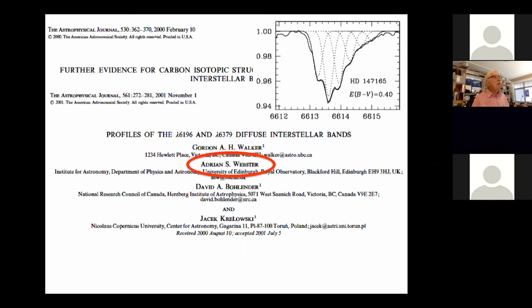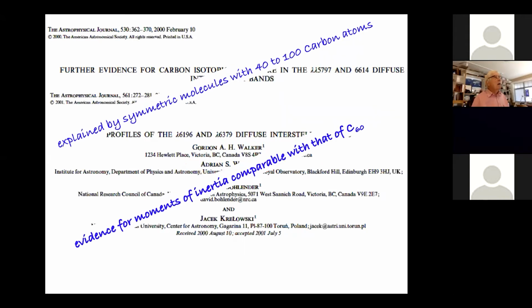And again, he claimed that these profiles showed strong evidence for high moments of inertia, comparable with that of a Fullerene, and our work on the isotopes also suggested very large molecules. None of this was particularly earth-shattering, because I think by this time people had recognized that we were dealing with large molecules.